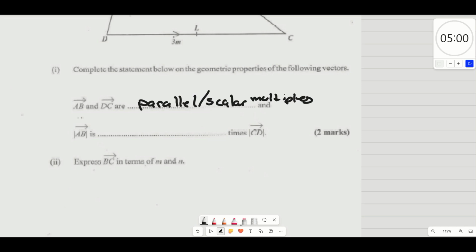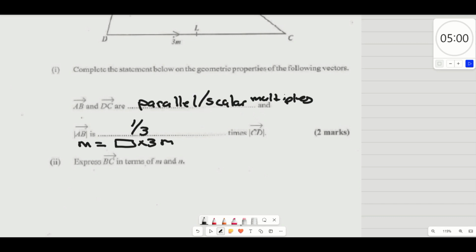So AB is m, equal to something multiplied by 3m. How would you get m? 3m multiplied by what would give you m? It would be a third. So AB is a third times CD, and that would be it.